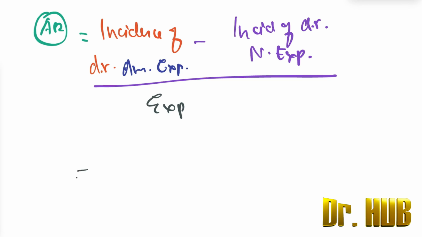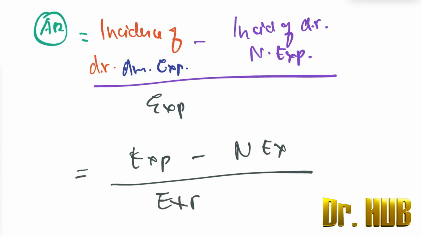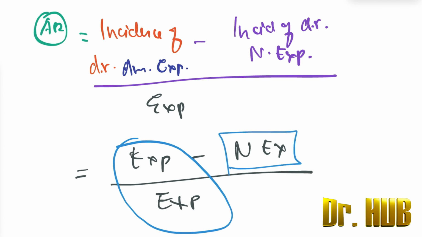So in short, it's exposed minus the non-exposed divided by the exposed. Then you multiply it by 100. That's how you get the attributive risk. It is a difference in the incidence rates or proportions of disease or death between an exposed and the non-exposed group.